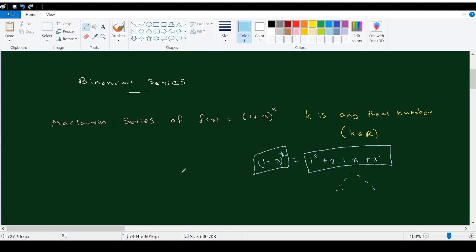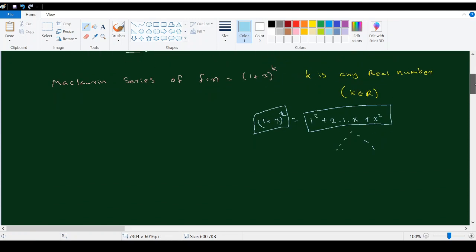But later you will see, if k is a fraction, if k is not an integer, then the expansion will get an infinite number of terms. In fact, in that Taylor series expanded at 0 you will get an infinite number of terms. But when it is a positive integer, you will get only a finite number of terms.